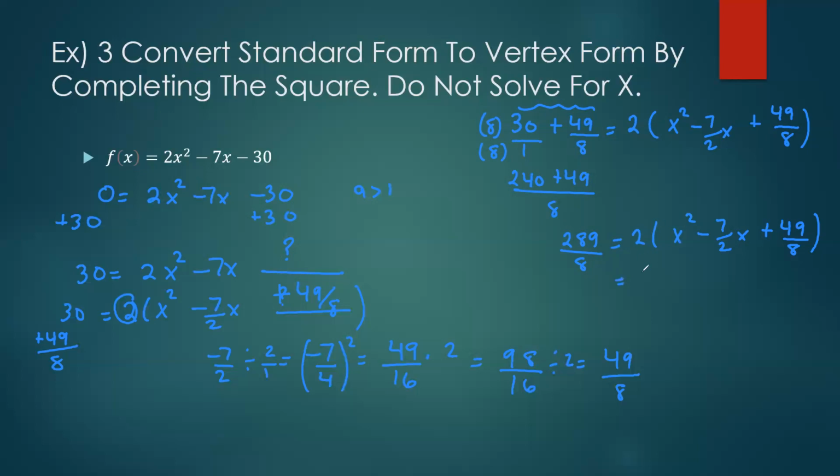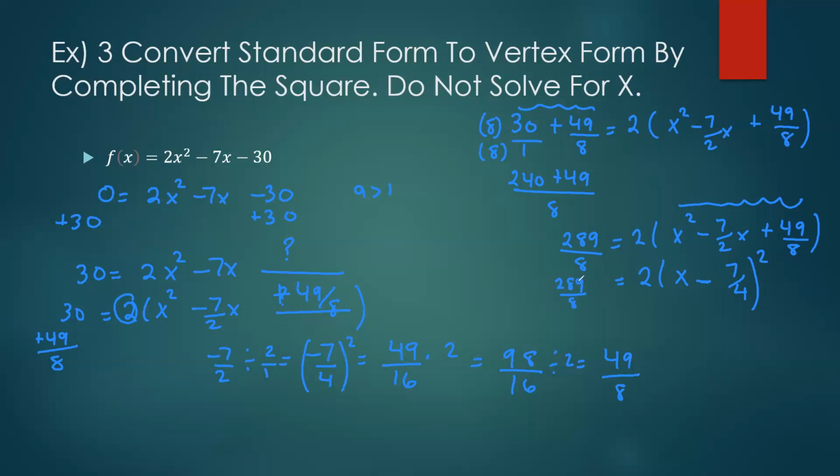So on the right, it's going to be 2, and then go backwards, put this in factor form. So it's going to be parentheses x, and then half of b, which is negative 7/4, parentheses squared, and then on the left is 289 over 8.